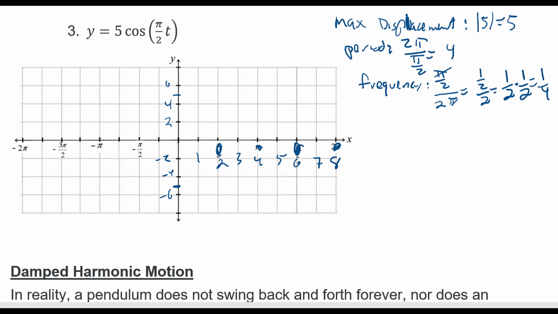So we're going to start high, get across, go low, cross, come high, cross, go low, cross, come high. Comes down like that. There it is. Okay.